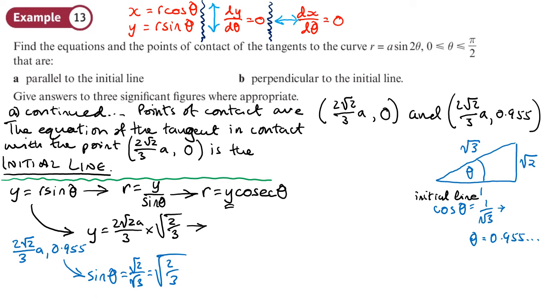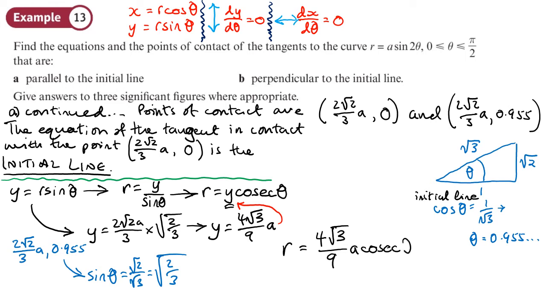So that will give us, if I multiply that out, y equals 4 root 3 over 9a. Then that value of y we can substitute in here to give us the final equation as r equals 4 root 3 over 9a cosec theta.